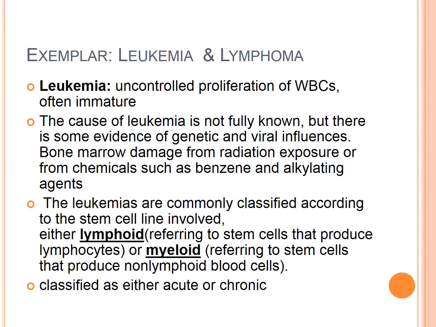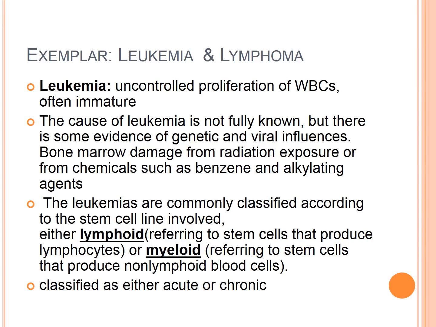But they really haven't found the true cause. Bone marrow damage from radiation exposure. So I mentioned earlier the benzene, so that's found in things like gasoline, and also alkylating agents, which would be your formaldehyde. So that can damage your bone marrow.